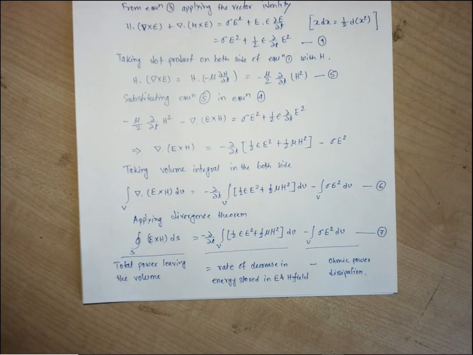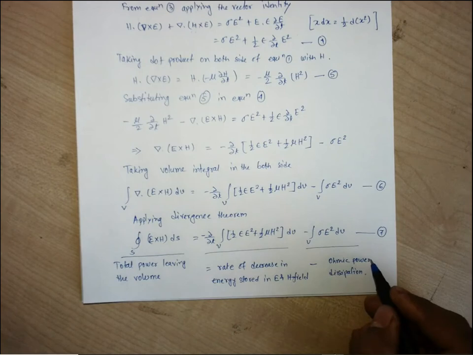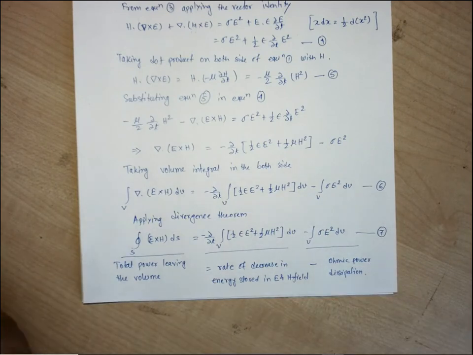and ohmic power losses. So inside that closed surface, if some medium exists which has certain conducting property, that is sigma, then due to that conducting property, the electric field will have an effect on that medium, that is ohmic power. Some power is dissipated in that medium. So you have a source inside a closed surface.